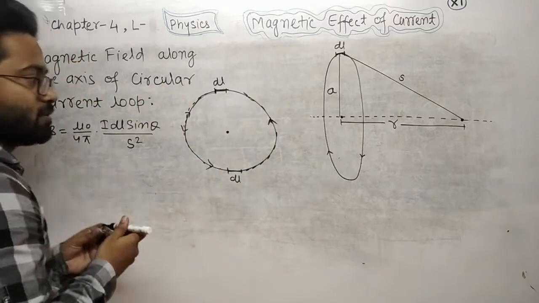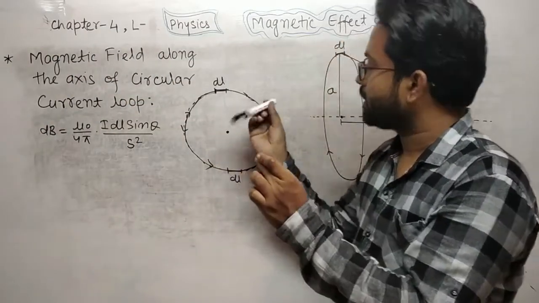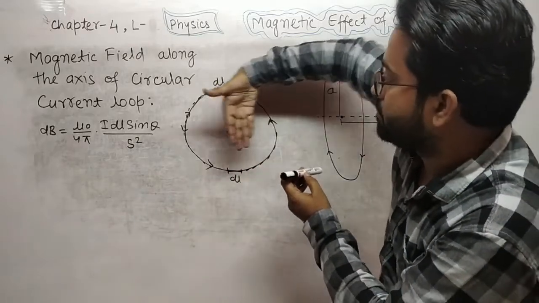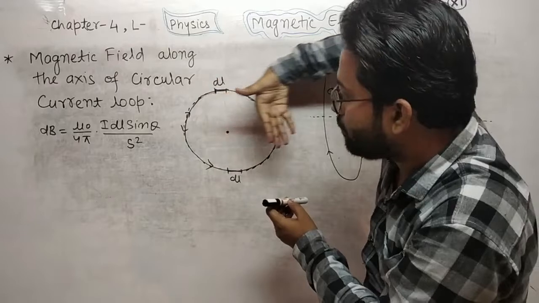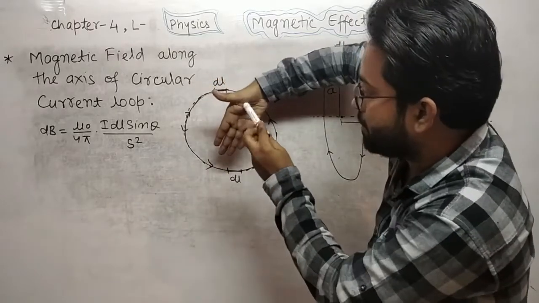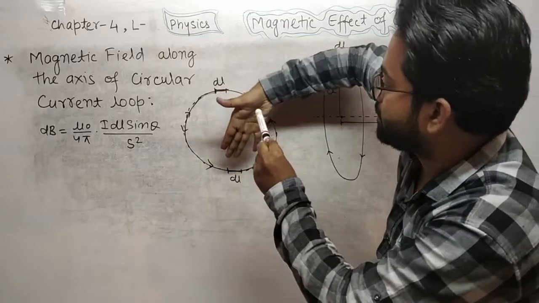Current is in this direction, and we need to calculate the magnetic field on the axis. This is the direction of the current element, and this is the r vector.